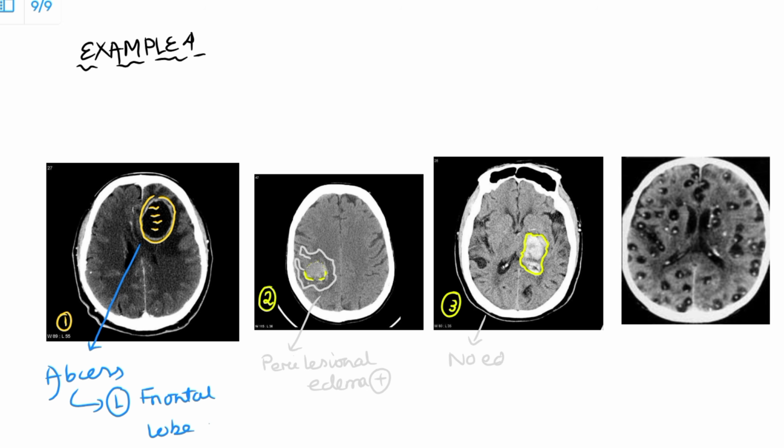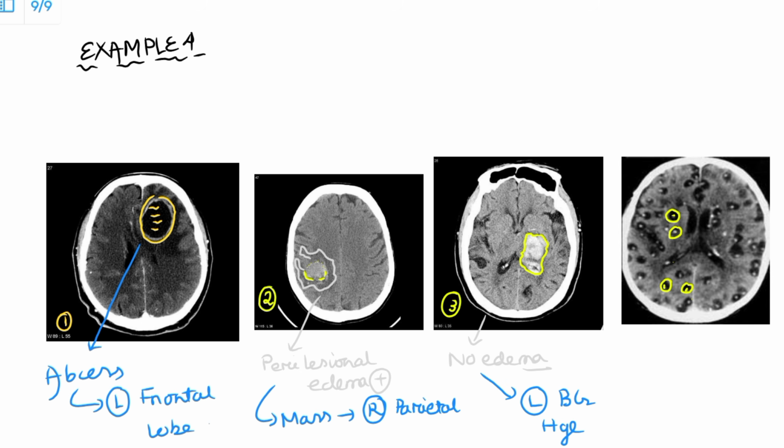You see there is no perilesional edema here. So the presence of perilesional edema suggests that this is a mass and it is located in the right parietal lobe, as we can see, and the left one is a left basal ganglia hemorrhage. In the fourth one, you can see certain ring-like lesions with central dot, which is basically the scolex. So these are examples of neurocysticercosis.